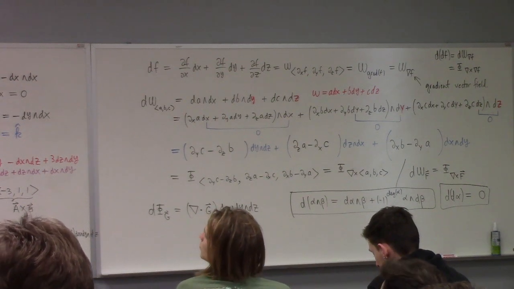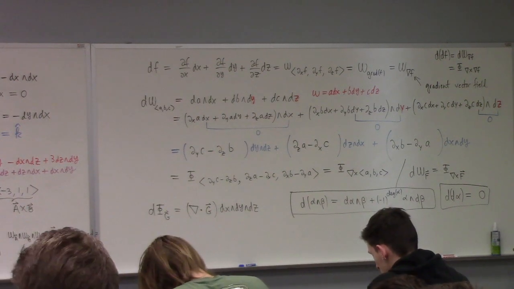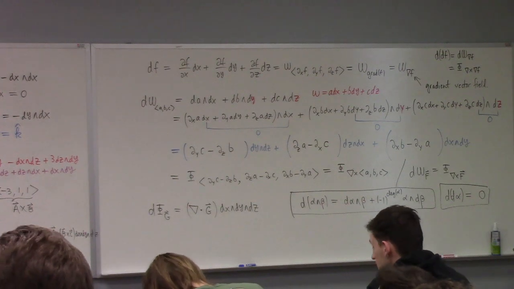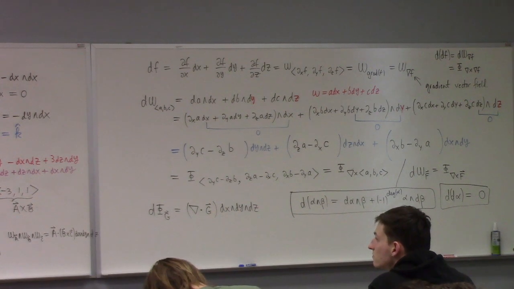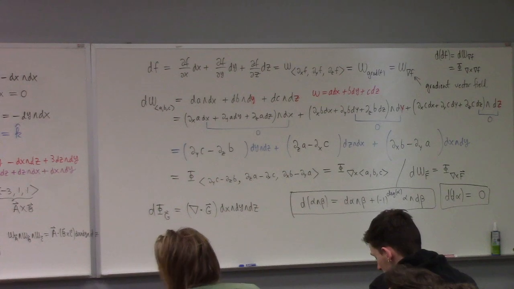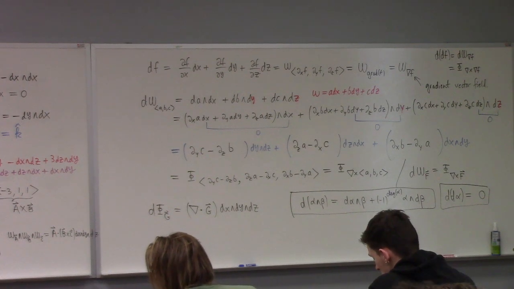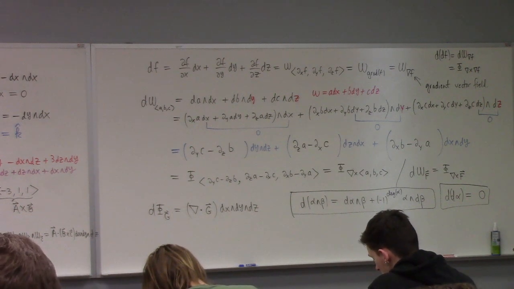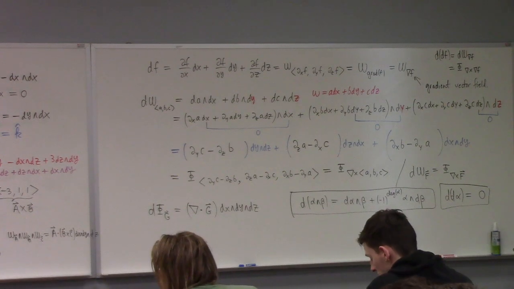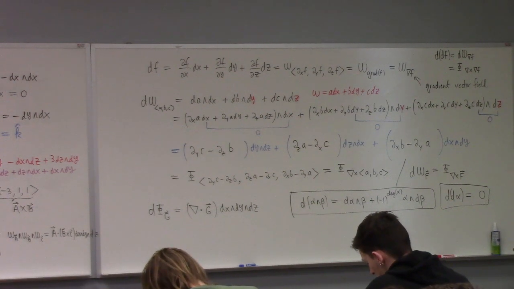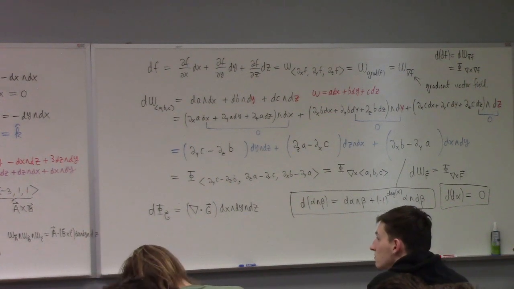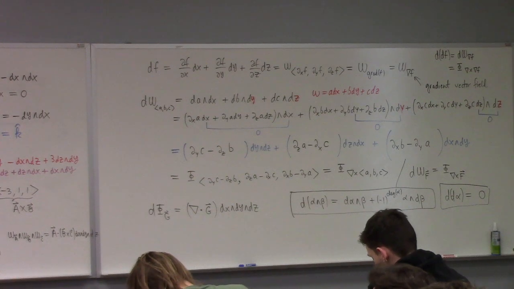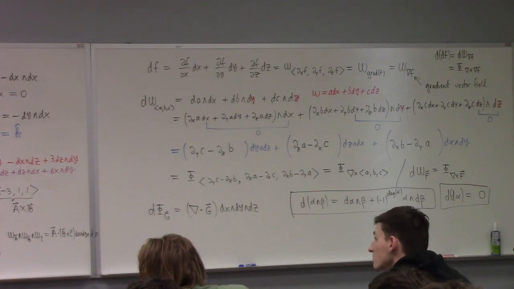Differential form alpha is closed if d alpha equals 0. A differential form is exact if alpha is equal to d phi for some differential form phi. So you have exact forms and you have closed forms.